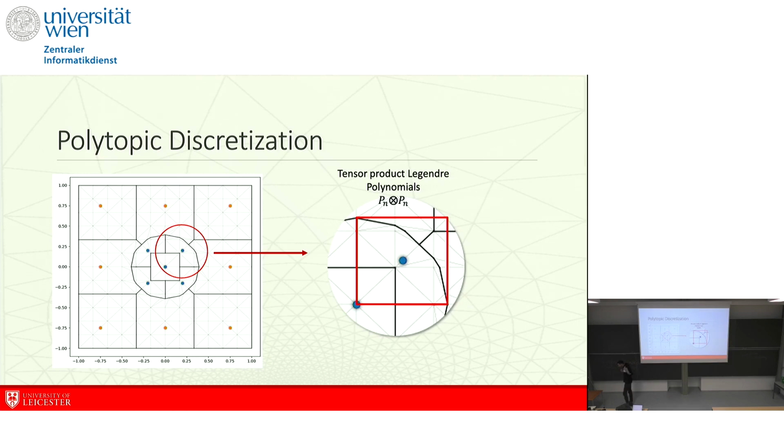So how do we define the basis functions on a strange polytopic element? The way to do this is that we create a tight-fitting bounding box around the element, and we define the tensor product of the Legendre polynomials across it.